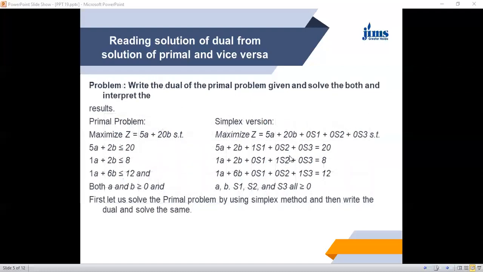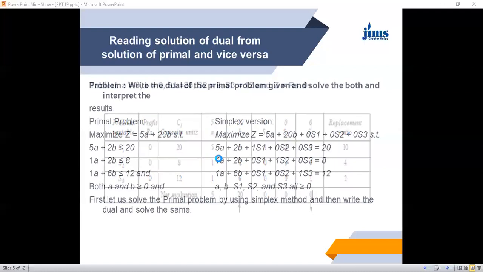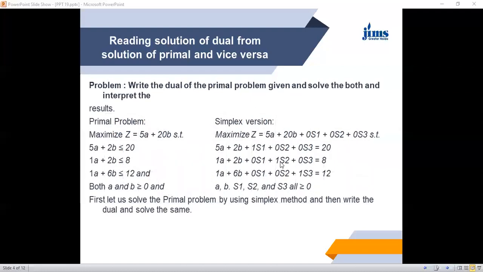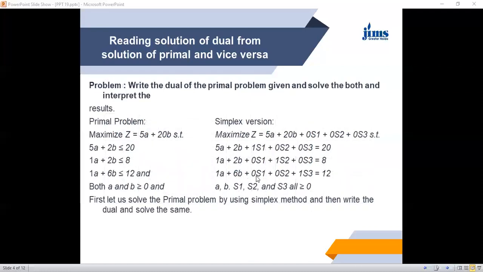Then the coefficients of the constraints are written in the next lines. The first is 5, 2, 1, 0, 0. The second is 1, 2, 0, 1, 0. And the third constraint is 1, 6, 0, 0, 1.